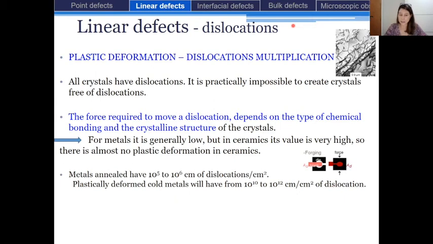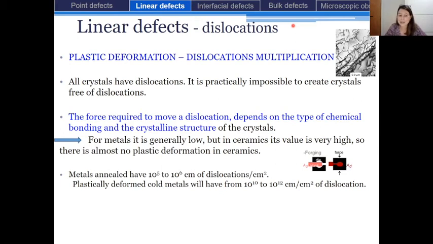In the case of metals that have been annealed, which means they have been submitted to higher temperature and then cooled down, we succeed in decreasing the density of dislocations. The dislocation density is about 10^5 to 10^6 centimeters of dislocation per cubic centimeter, sorry.